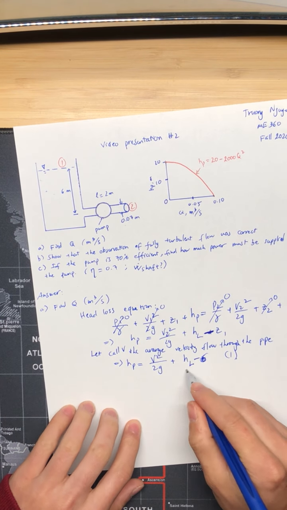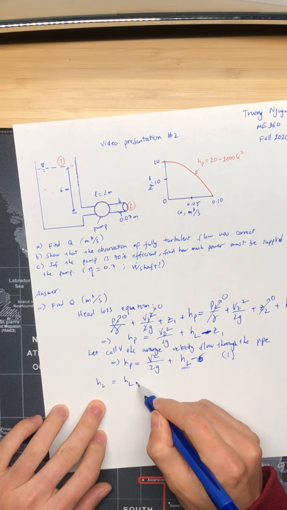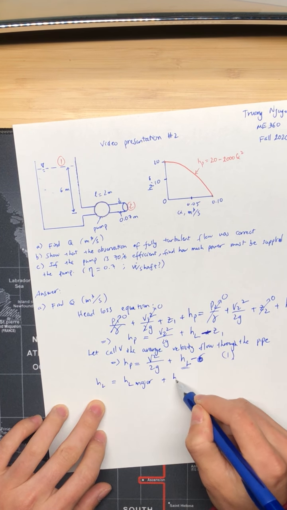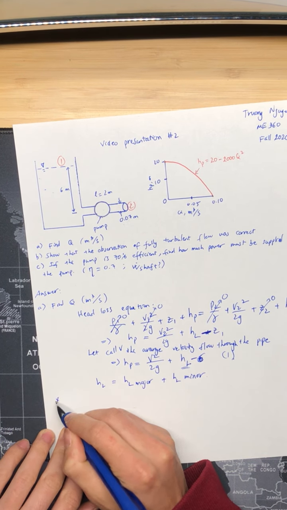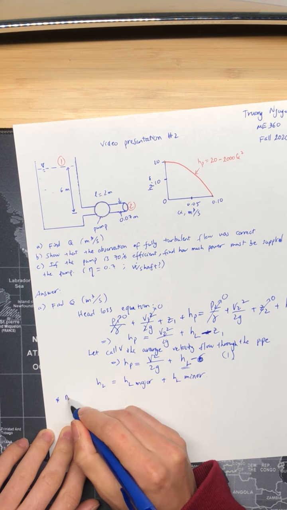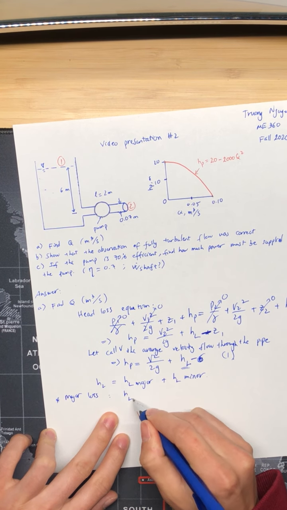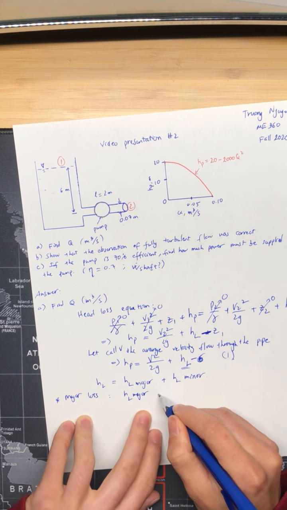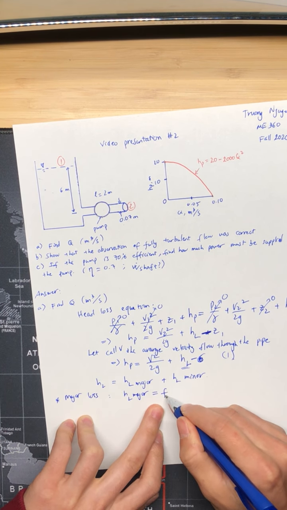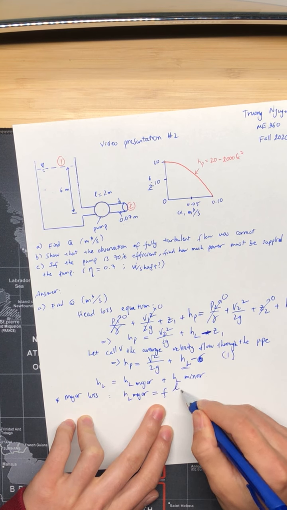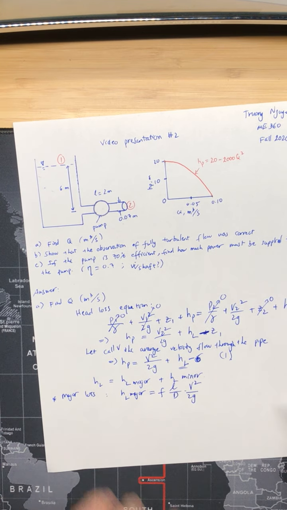For the head loss, we have head loss major plus head loss minor. For major, head loss equals F, the friction factor, times L over D times V squared over 2g.